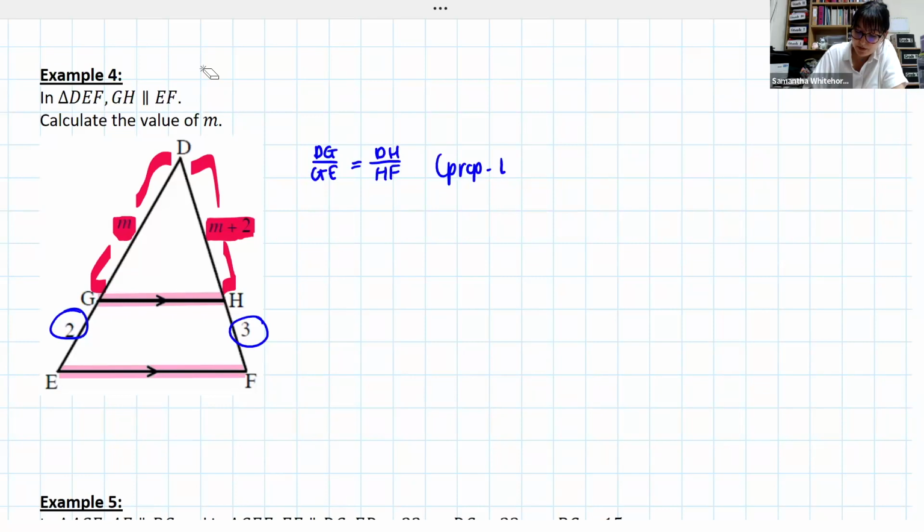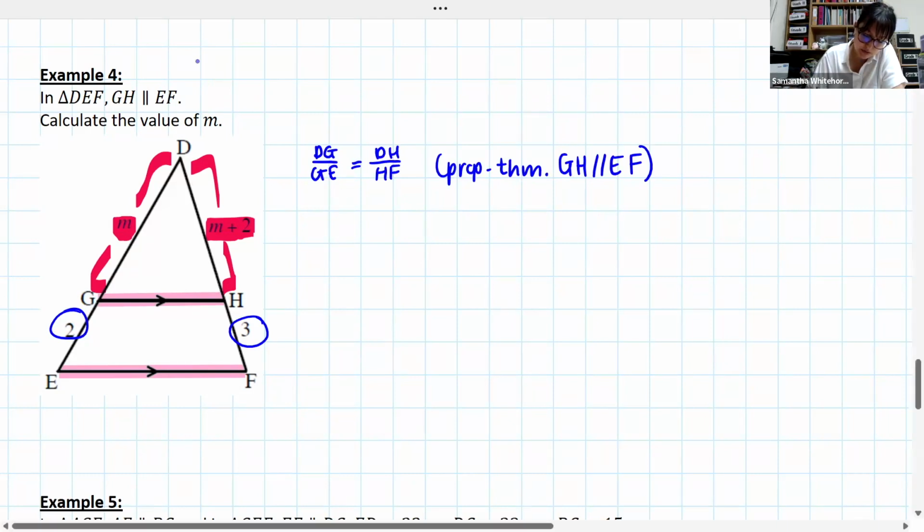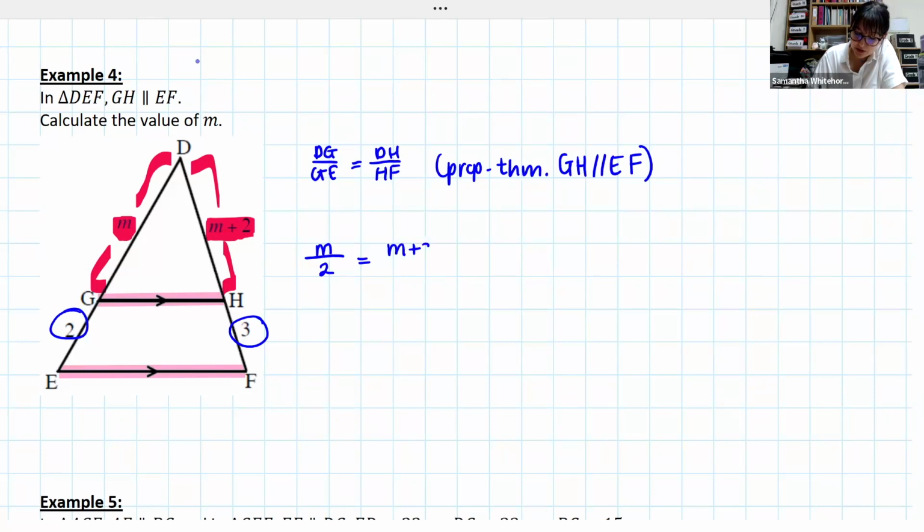Prop theorem, GH parallel to EF. Now I start substituting what I know. So I know DG was M, GE was 2, so M over 2 is equal to DH, which is M plus 2 over HF, which is 3.